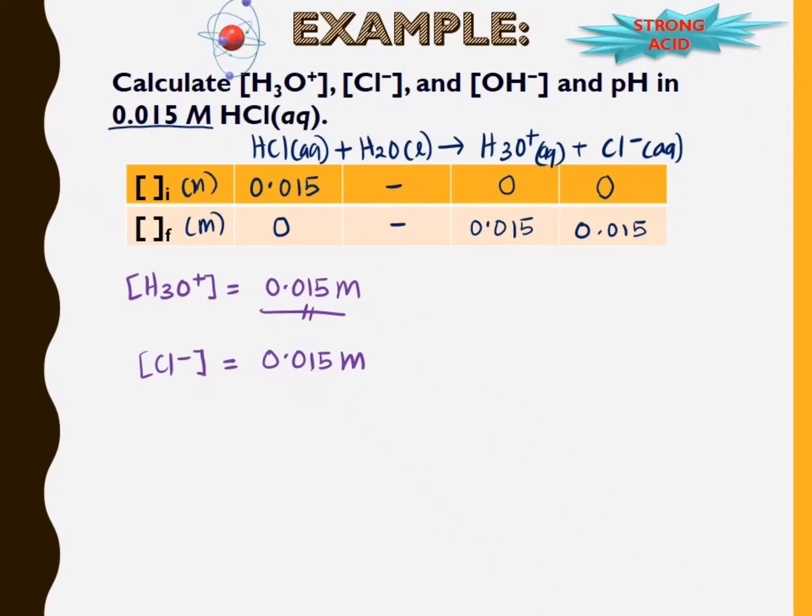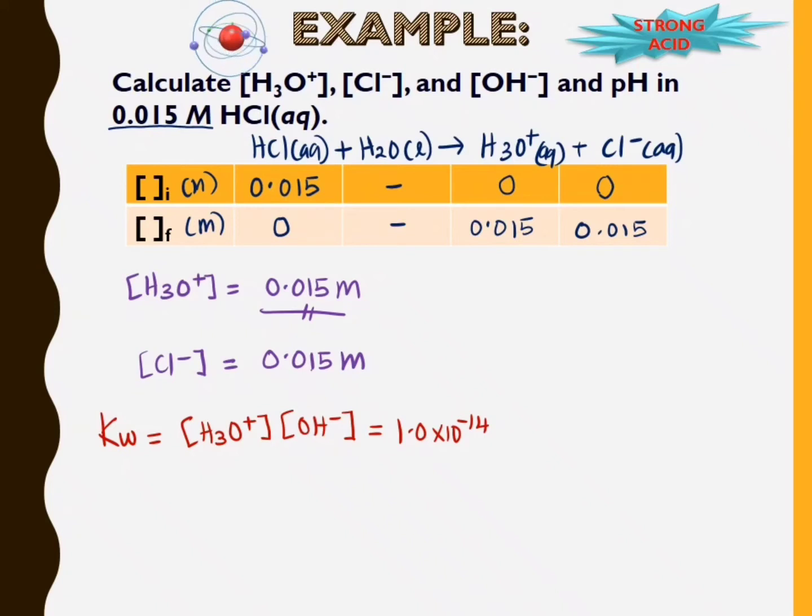And then how to calculate the concentration of OH minus? Macam nak kira? Dalam table tak ada concentration OH minus. So macam mana nak kira ni? Ada satu formula that relate OH minus with H3O plus, which is, yes, Kw equal to concentration H3O plus times concentration OH minus equal to 1.0 times 10 power of negative 14.